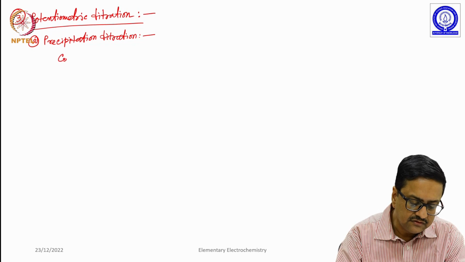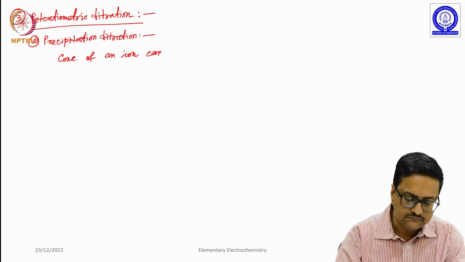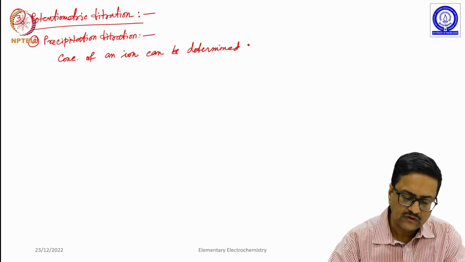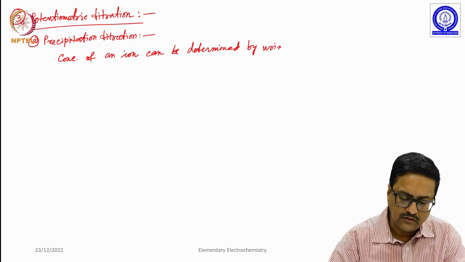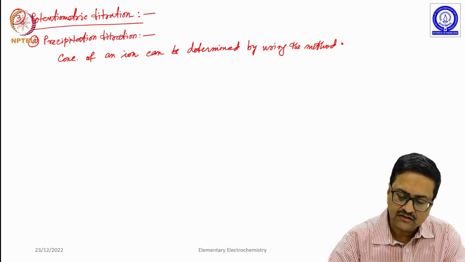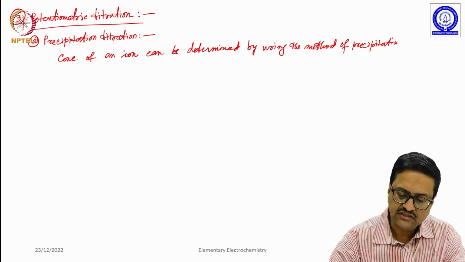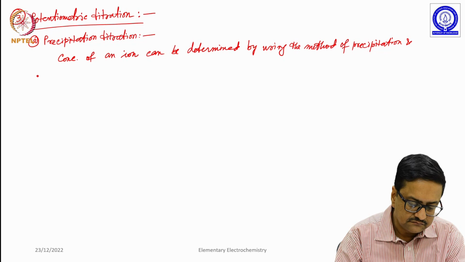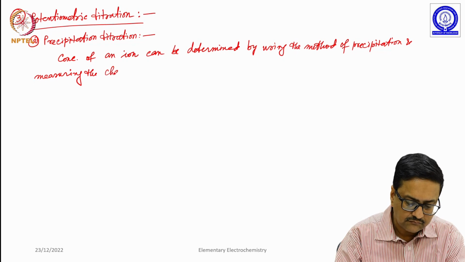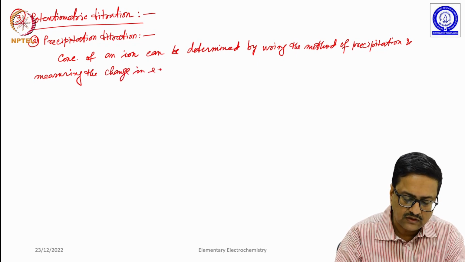So, here concentration of an ion can be determined by using the method of precipitation and measuring the change in EMF of a cell.